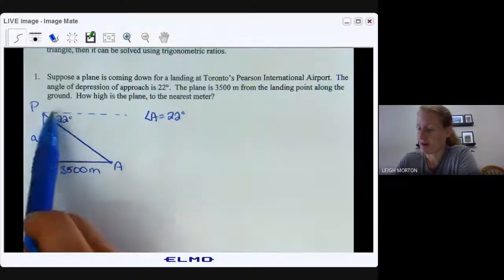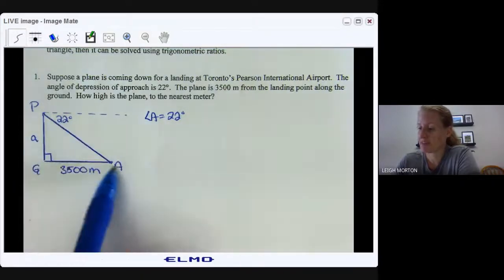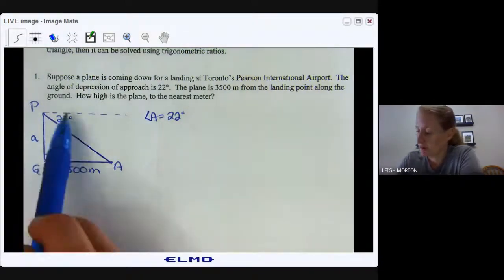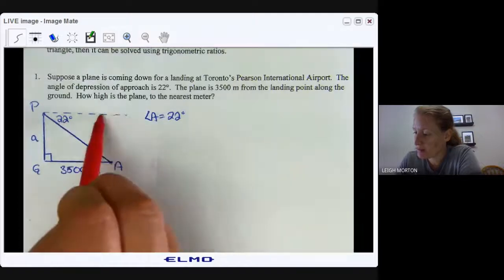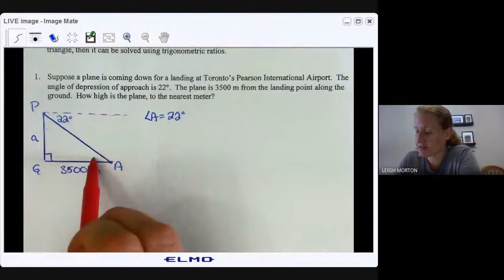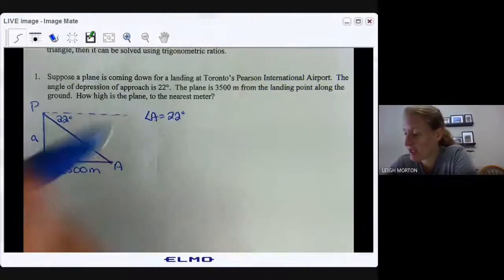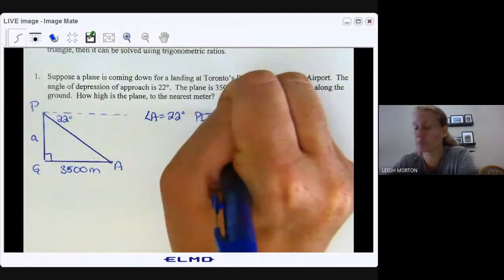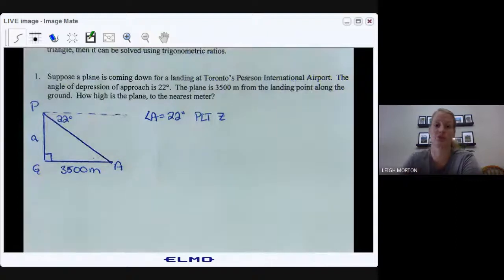We got that because of the parallel line theorem Z. So remember, when we have two parallel lines that are intersected by a diagonal, the interior angles of the Z are equal. And I need to say that here. I need to explain how I know that A is 22 degrees.